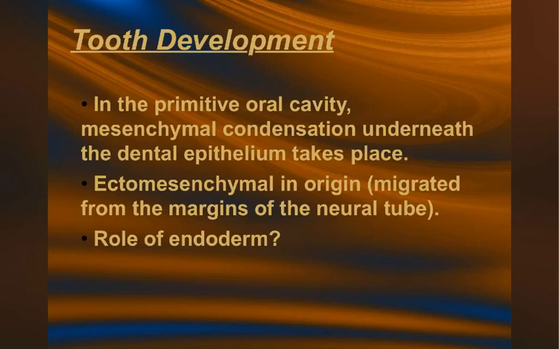To explain that, we have the oral ectoderm inside the oral cavity. Underneath the oral ectoderm, we have ectomesenchyme. Ectomesenchyme means it's a mesenchyme, but it's derived from the neural crest cells.